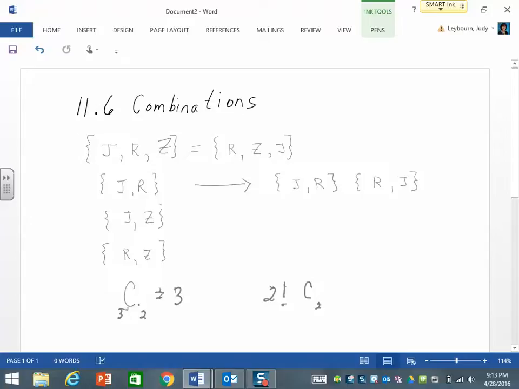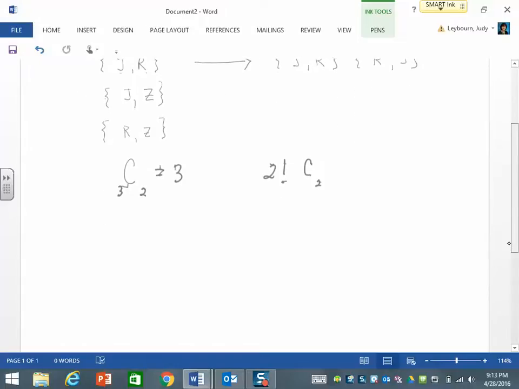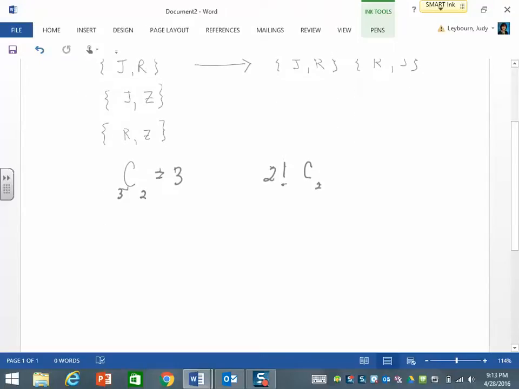If we're looking at just notation here for a second, if we have the number of combinations of n objects and we're choosing k of those objects, where k is a number less than or equal to n, then we could use this format to write the number of combinations of n objects taking k of them, or n choose k.